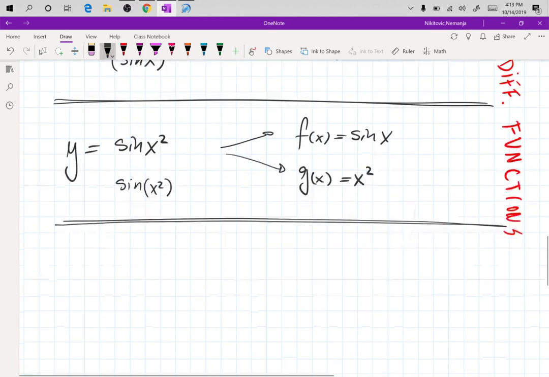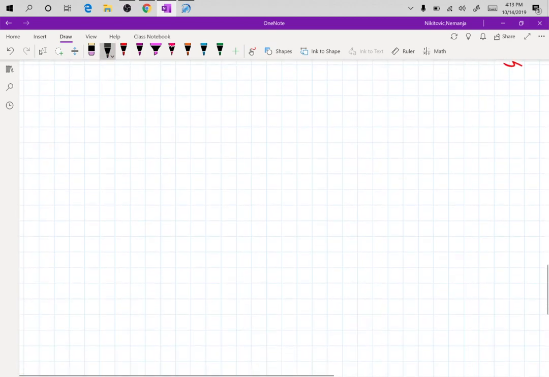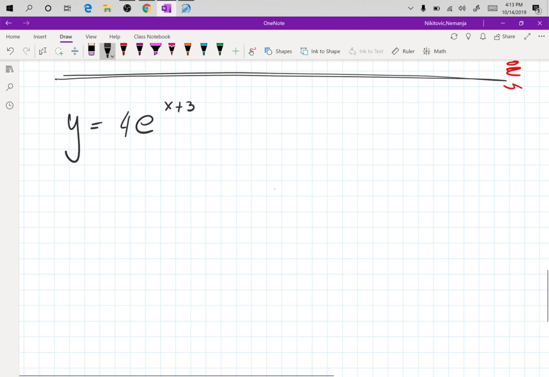Let's take a look at y equals 4e to the x plus 3, let's say. We still have 2, right? What's f? What's g?